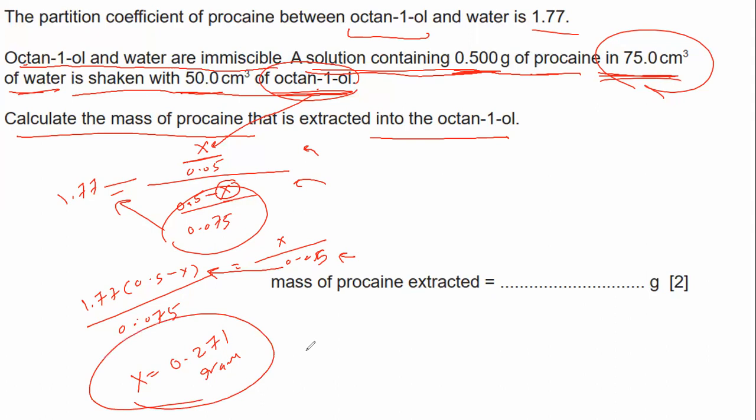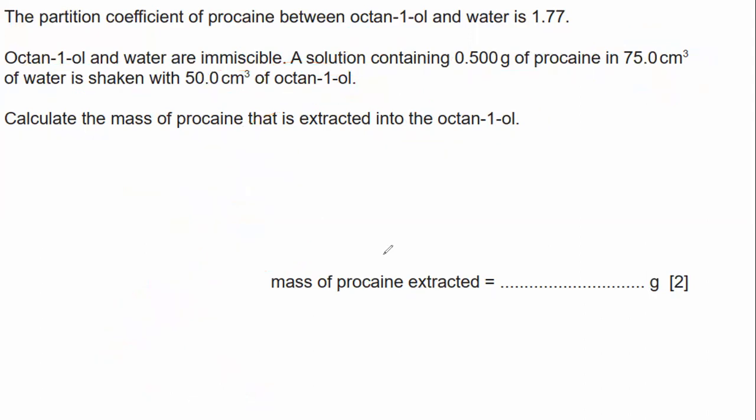So this is the mass of procaine extracted into octan-1-ol. We wrote the concentration of octan-1-ol above because it is mentioned firstly here. We suppose that the amount goes as X, so the original amount minus X. We end this question.